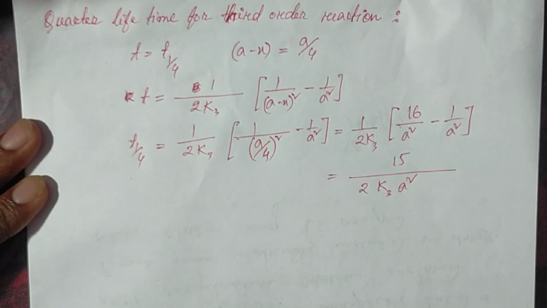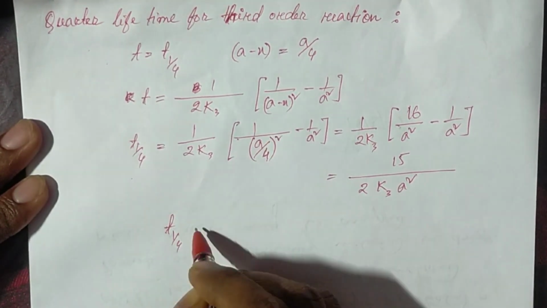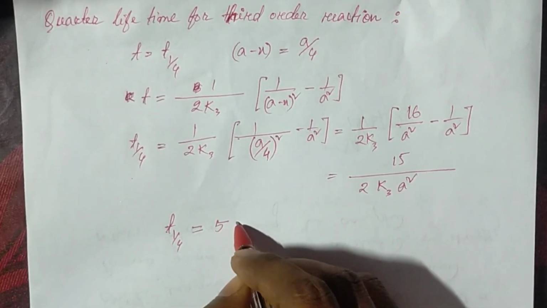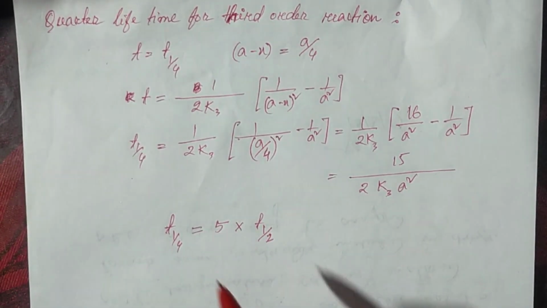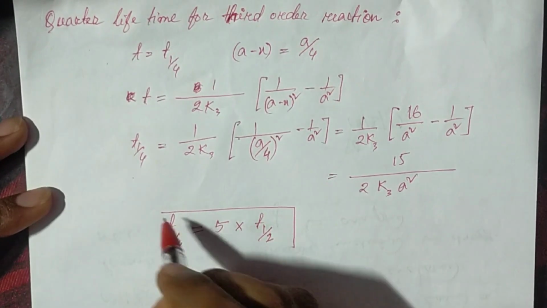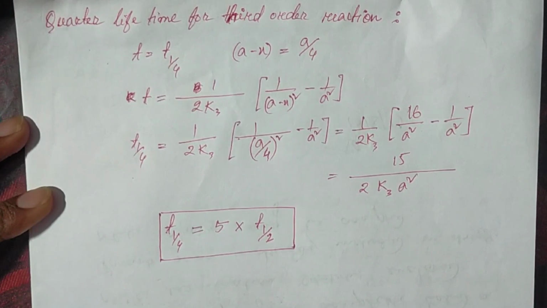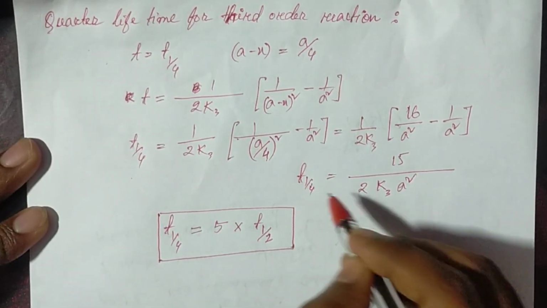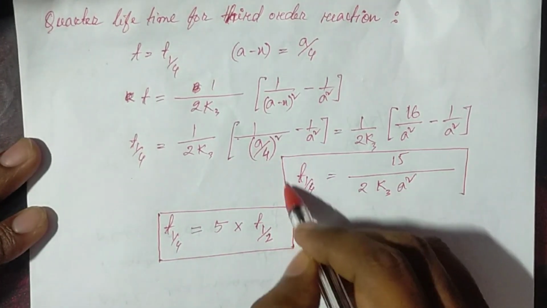So we can say that t 1 by 4 is equal to 5 into t half. You can memorize this for some problems to solve them easily. It will help you. So t 1 by 4, the quarter life, is this equation. This is the final equation.